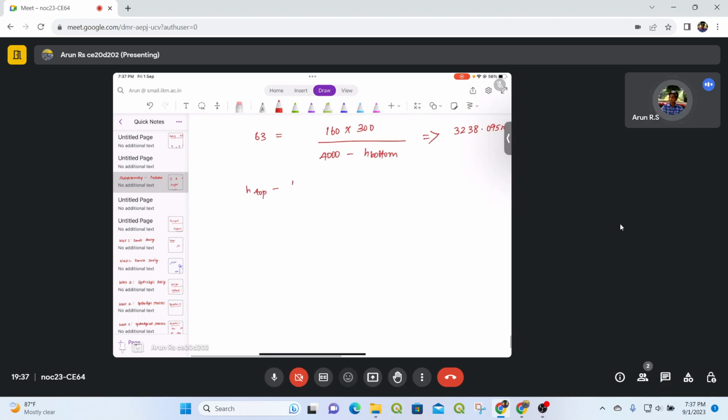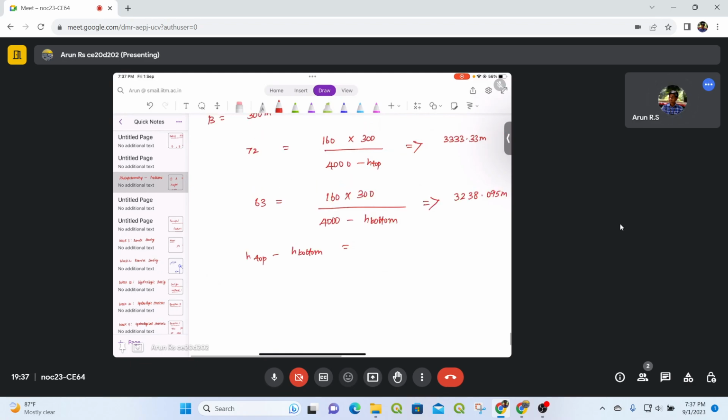So H top minus H bottom, that is 95.23 meters.